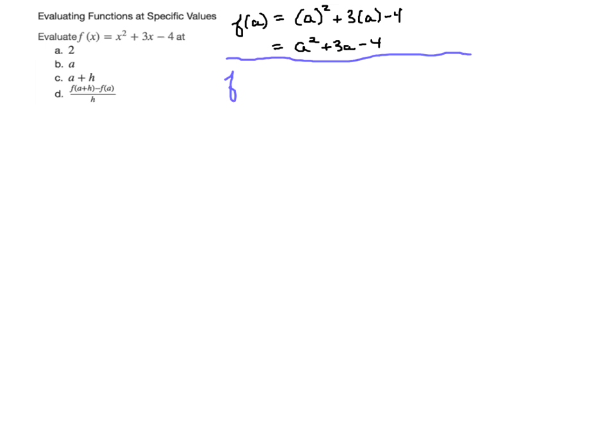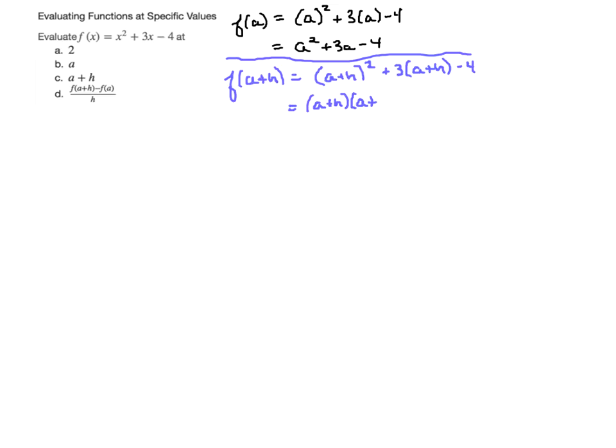I'm going to change colors here. Now we're going to try f of a plus h. And go ahead and try it on your own because this one's a little tricky. So that looks like a plus h squared plus 3 times a plus h minus 4. Just so you don't put the cart before the horse, this a plus h squared is absolutely 100% not a squared plus h squared.